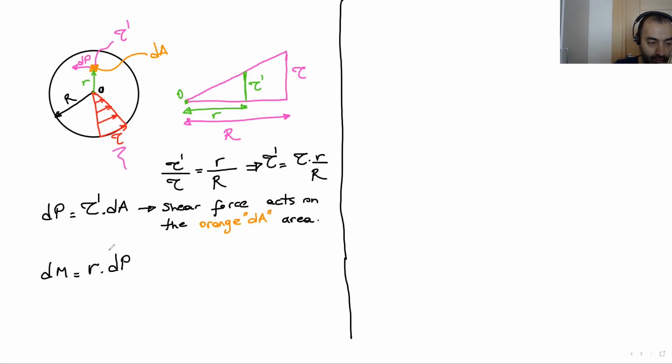So this is force, this is distance. This is the moment around the center. Okay.